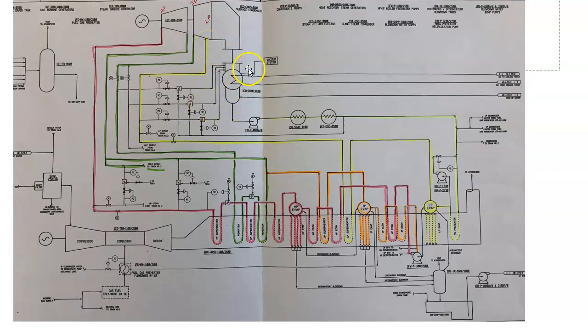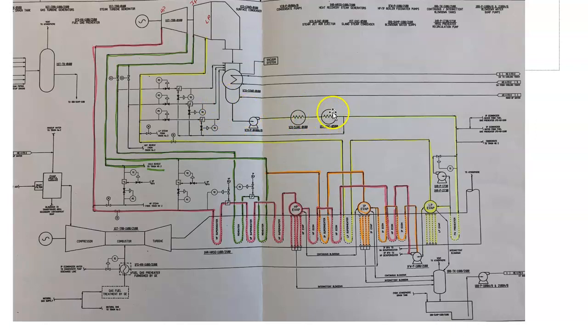This item here is our condenser. Our LP steam is exhausted into our condenser. Our vacuum system comes off here, and our circ water, which is coming from cooling towers, is cooling our condenser. And then this is our condensate pump that will then go to our steam air ejector, which helps pull down the vacuum in our condenser.